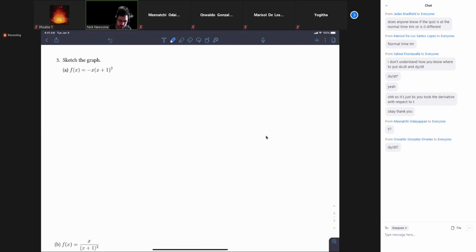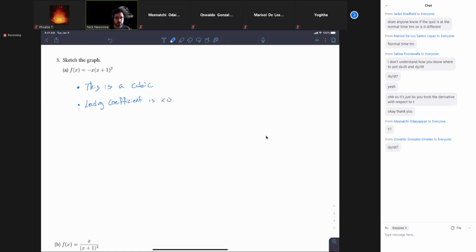So this function here, let's just write down things that we know. It's a cubic function, first off, right? If I multiply this whole thing out, I'm going to get an x cubed. The leading coefficient is negative, right?